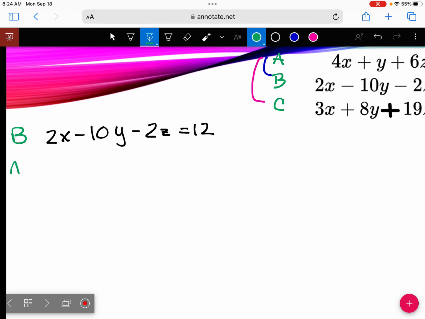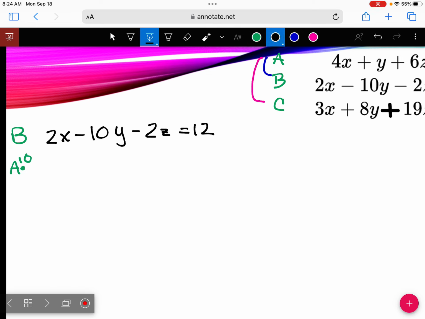With my A, what do I need to multiply it by to get my y's to cancel out? What do I need to multiply this top one by? By 10. Because if I make this 10y, my y's will cancel out. So I'm going to take A times 10.